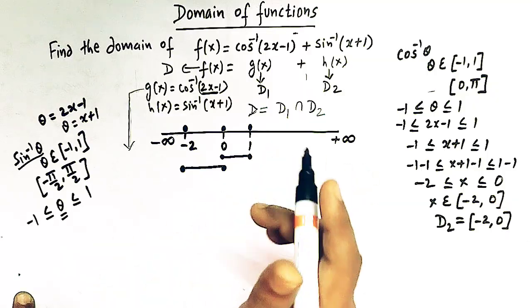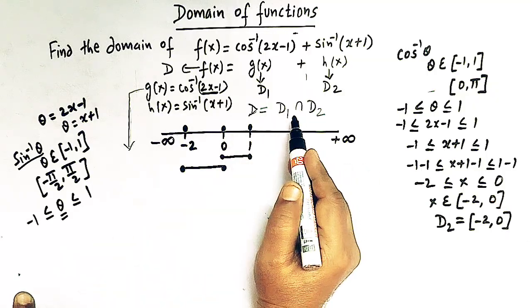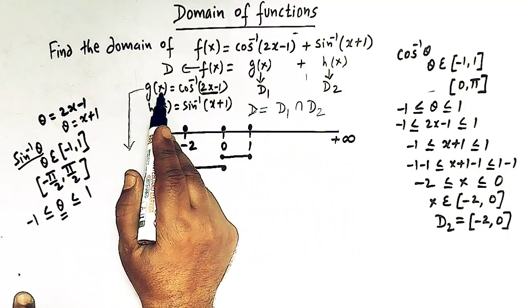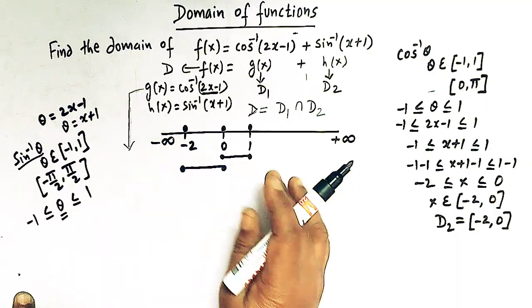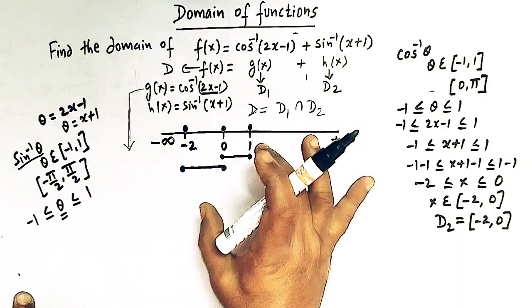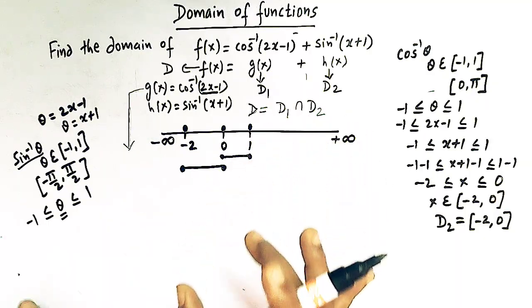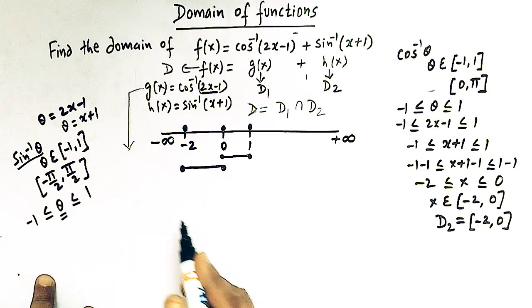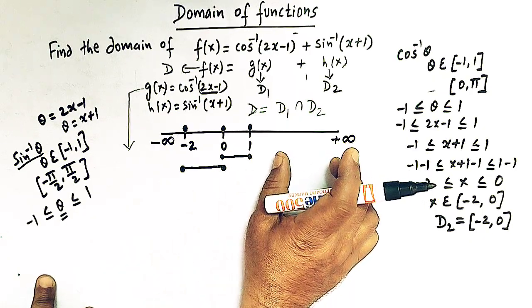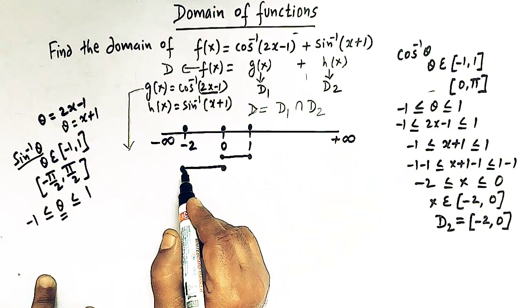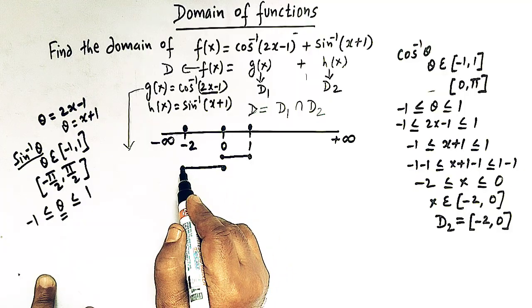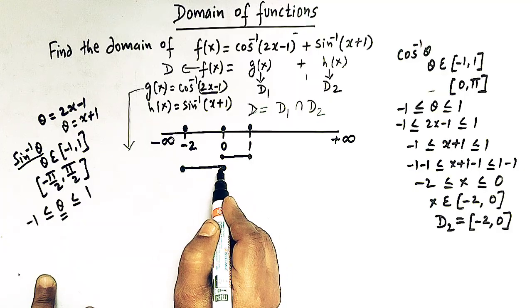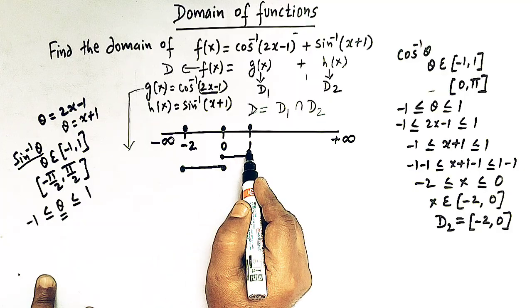So now we have the domains of this function d, that is g of x and h of x, and now we have to search for the common region, right? So now if we look at this real number line, then we can see that here we have minus 2 to 0, right? And here we have 0 to 1.